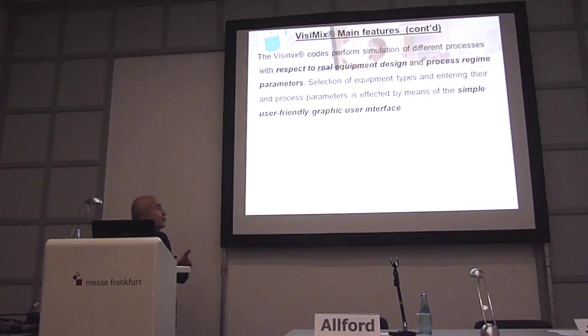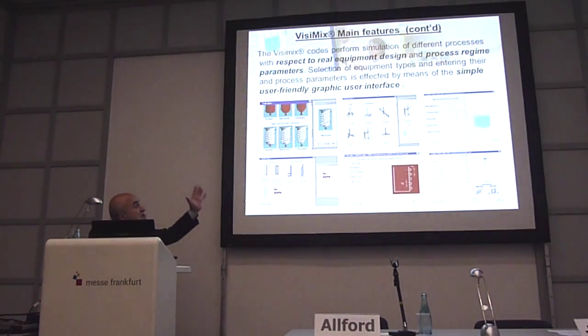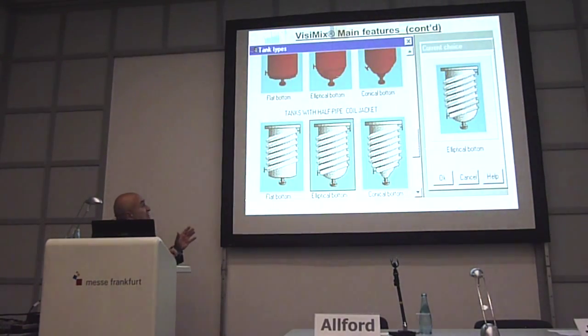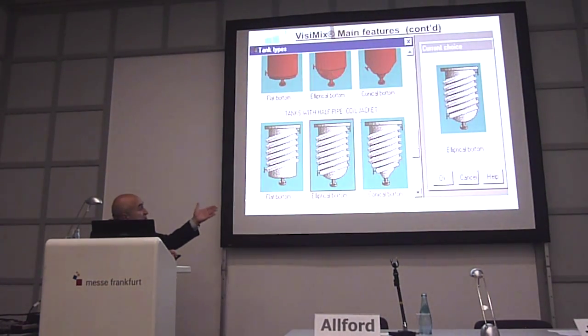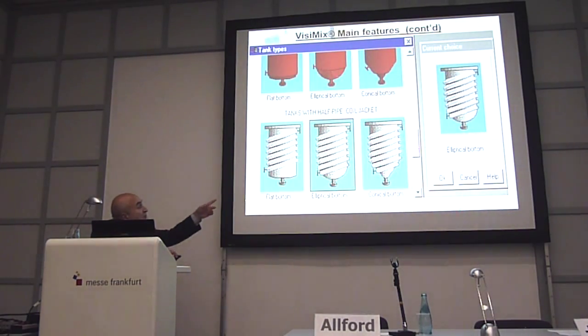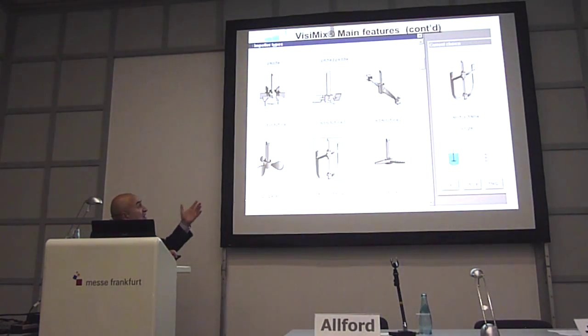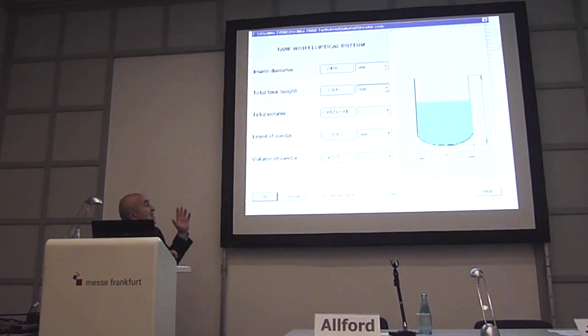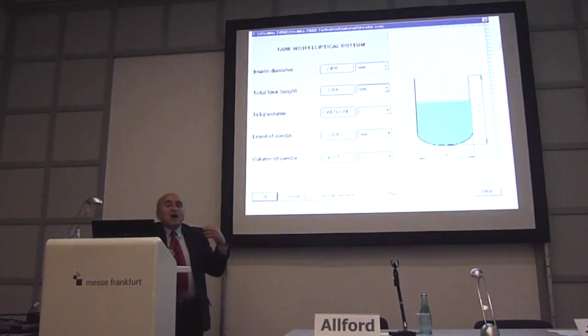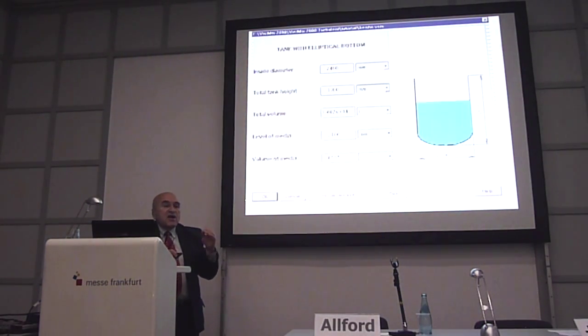And I will show you this configuration. This is the type of input tables for VisiMix, and this is a detailed picture of how we select, and the same is with a huge library of different types of mixers. All the data which are necessary are easily available for process engineers.